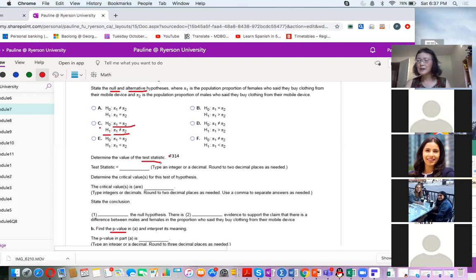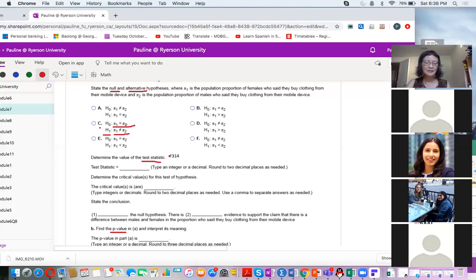You should be aware that in our textbook, when you do the calculation, we use P1 to represent sample 1 proportion, and P2 to represent sample 2 proportion. So don't be confused. The calculator uses P1 to represent population 1 proportion. In our textbook we use pi. See here, pi 1 represents population 1 proportion.